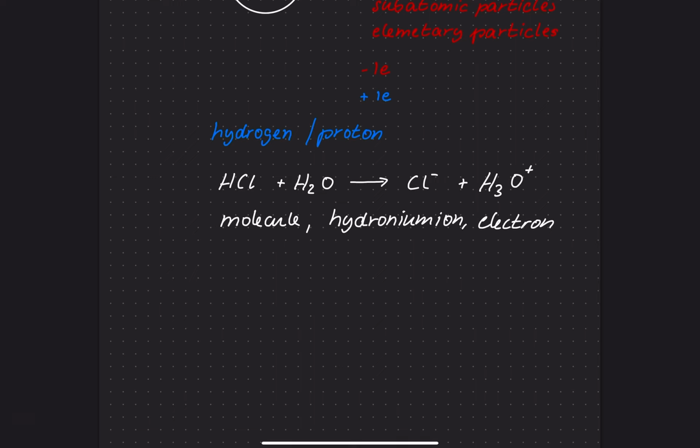A molecule is a group of two or more atoms held together by a chemical bond. And a chemical bond is simply a shared electron pair.